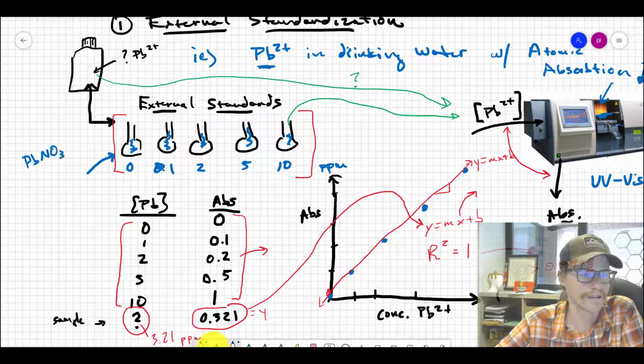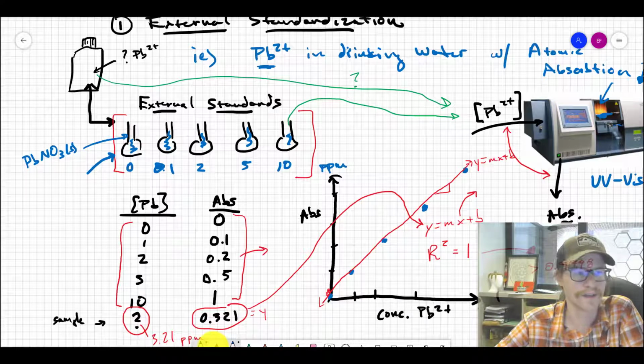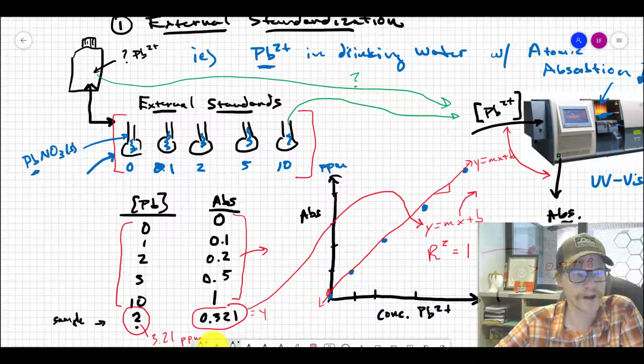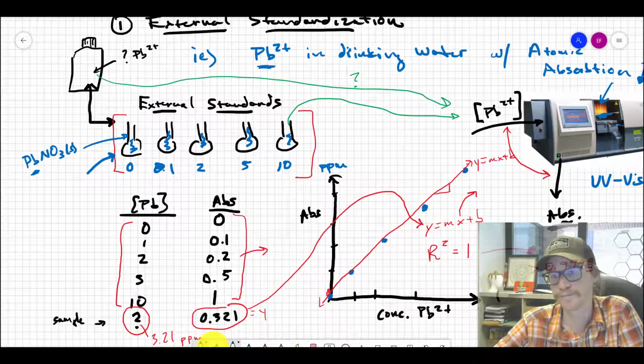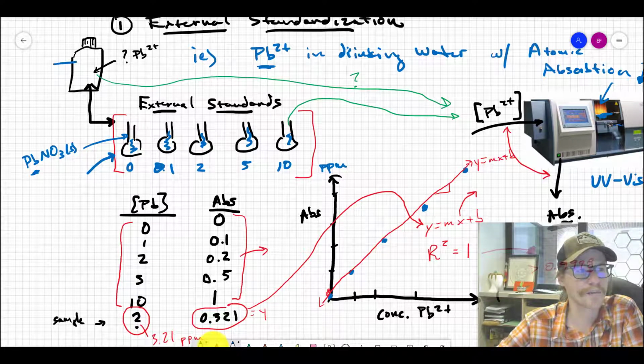So you get that from the chemical stock room, you do the math, you weigh it out into the volumetric flask, and then you fill it all the way up to whatever that volume is in the volumetric flask with pure water, right? So that means the matrix, your analyte is still lead 2+ as it dissolves, but the matrix is pure DI water.